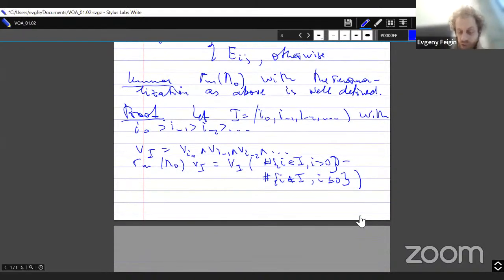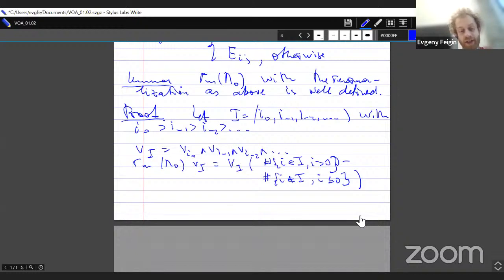Yes, so let me say it in words. We want to apply the renormalized lambda naught to a wedge product of the form i naught, i minus 1, i minus 2. Recall that these numbers are strictly decreasing.